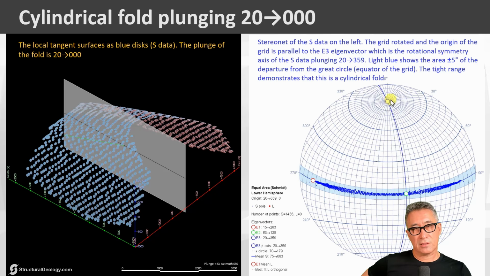So this location here is the rotation axis, and I call it the symmetry axis because it is the line about which all this data is rotating. Well, they're not physically rotating, but they have the appearance of rotation.